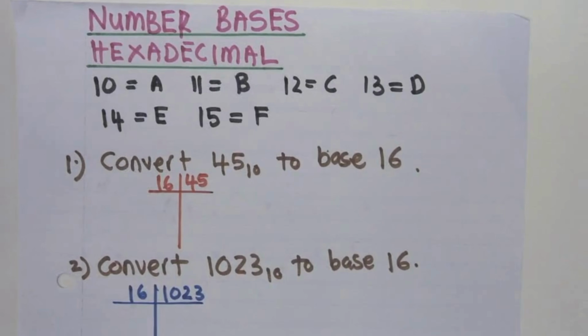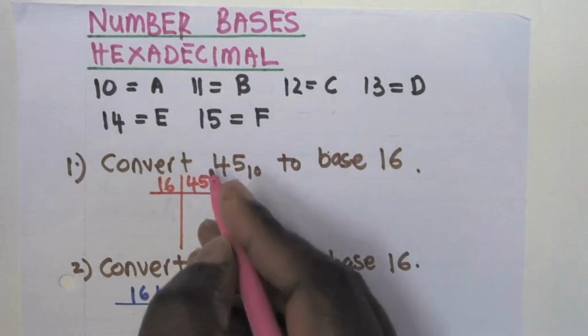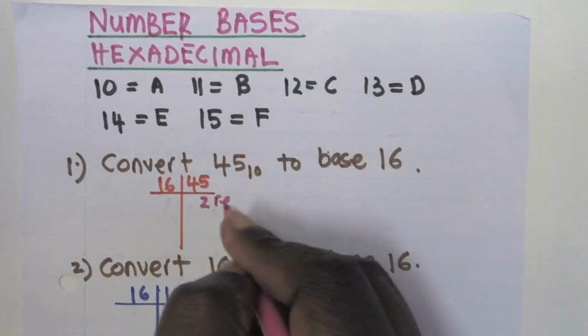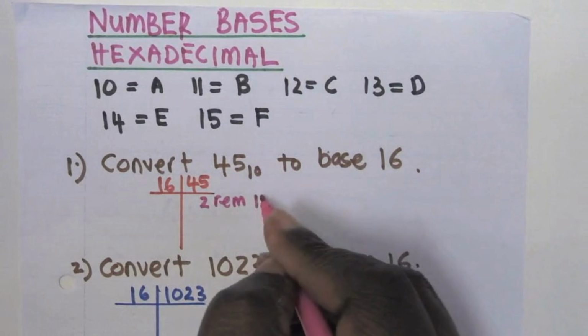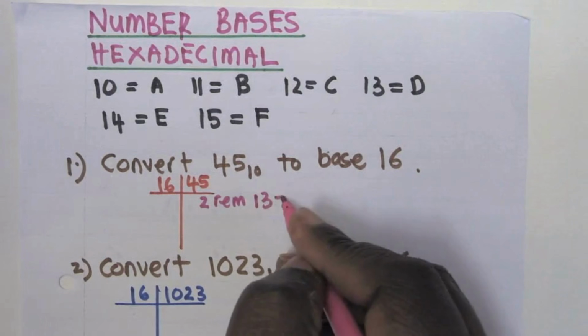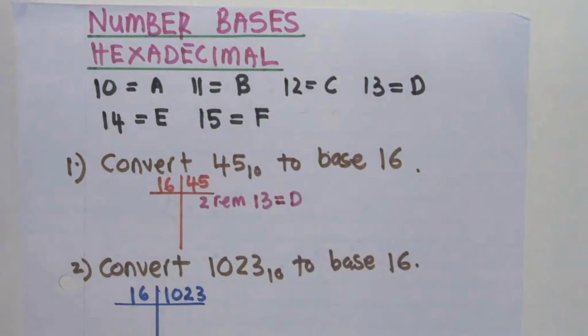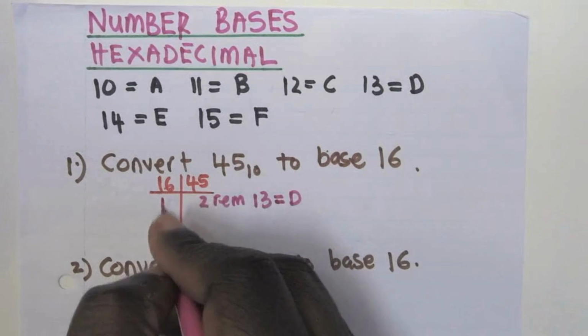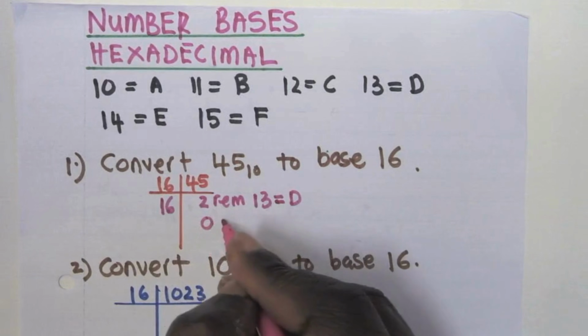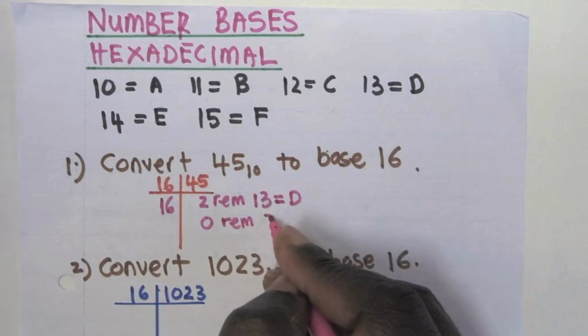Number 1, we want to convert a number that is in base 10 to base 16. So we are going to divide successively by 16. If we divide here, we are going to get 2 remainder 13. But if we look at our numbers here, we are going to see that the remainder is represented by D. And if I divide again here, I'm going to get 0 remainder 2.